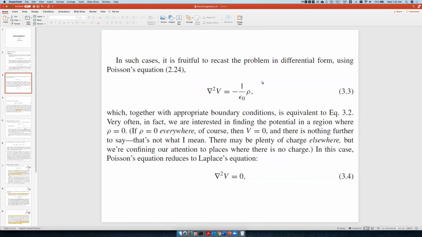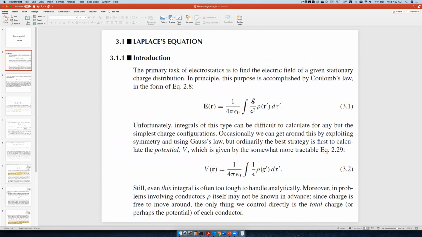We learned this equation in chapter 2. Together with appropriate boundary conditions, it's equivalent to 3.2, which is here.